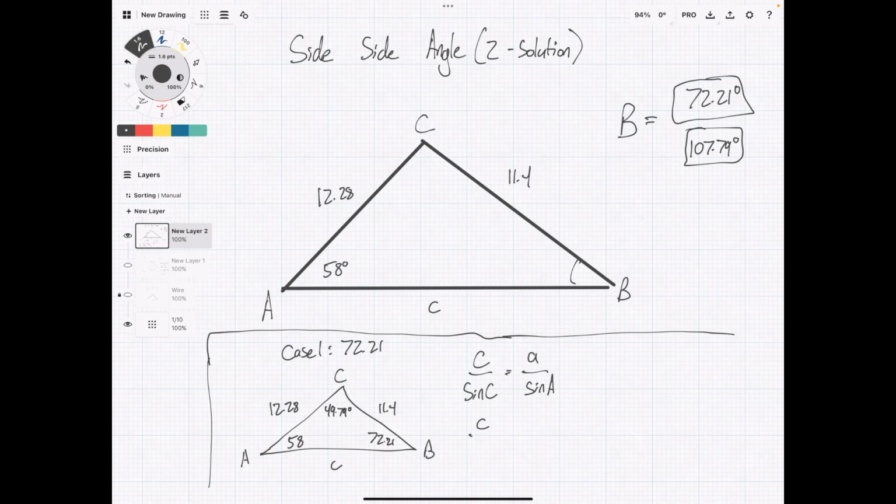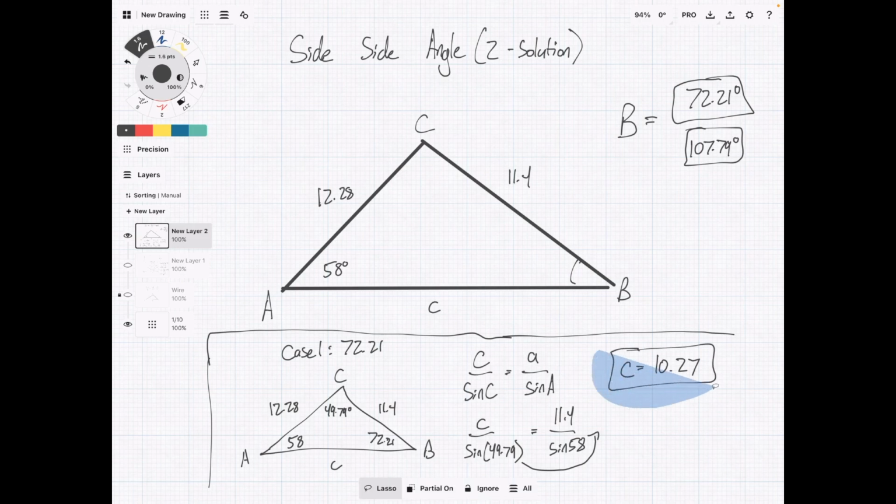C over sine of 49.79 equals 11.4 over the sine of 58. We do all this math, I'm going to bring the sine over here, and C is going to equal 10.27. All right, so that is for case 1.